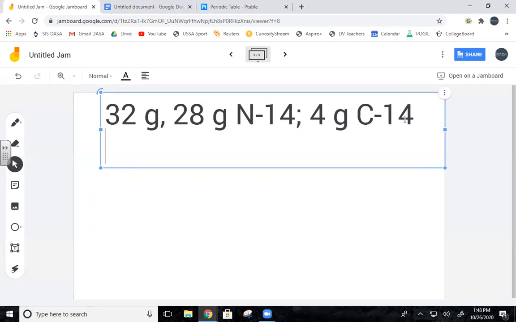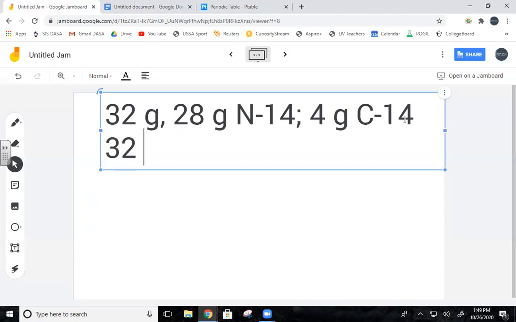So if it started off with 32 grams of carbon-14, it would then go down to how many after one half-life? 16. And then 8. What are we trying to figure out in this problem, though? We're trying to figure out how old this thing is.